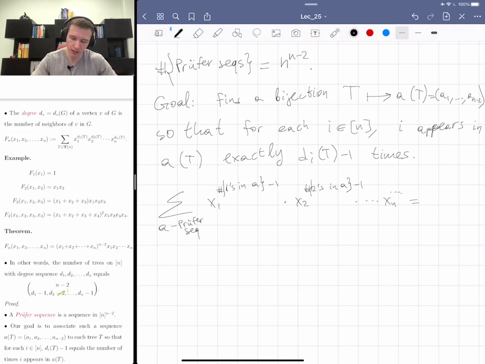And the claim is that because I can choose the first entry in any way I want, and I can choose the second entry in any way I want, and so on, for the first entry I get x1 plus x2 plus etc. plus xn. Those are the options for the first entry, and the same for the second one. And anyway, I get just exactly this sum here.